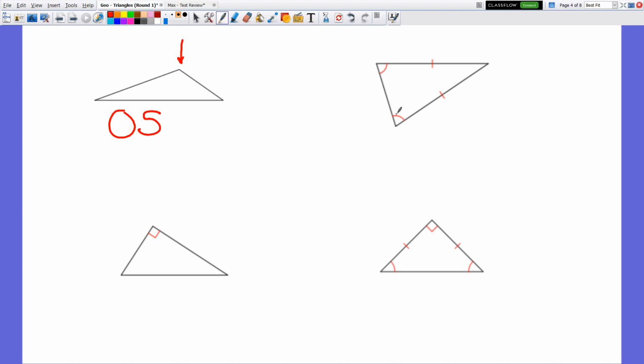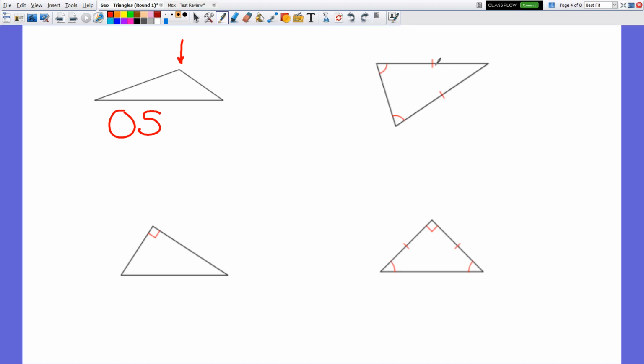Whenever we move over to here, you can see that these two angles right here are congruent because they correspond with these two sides. So if we have two angles that are congruent and two sides that are congruent, that definitely goes together with everything we said on the previous page, where if angles are the same, we're going to have the same amount of sides that are the same.